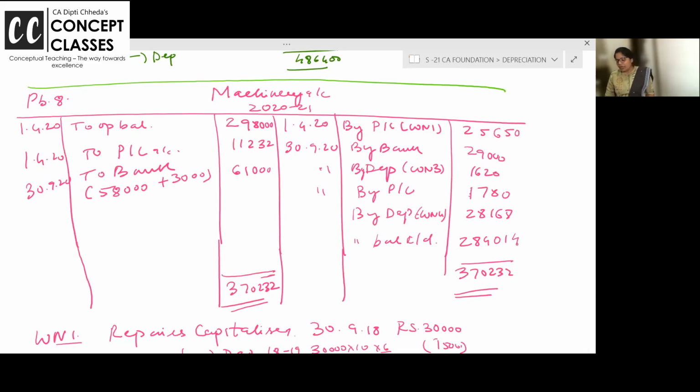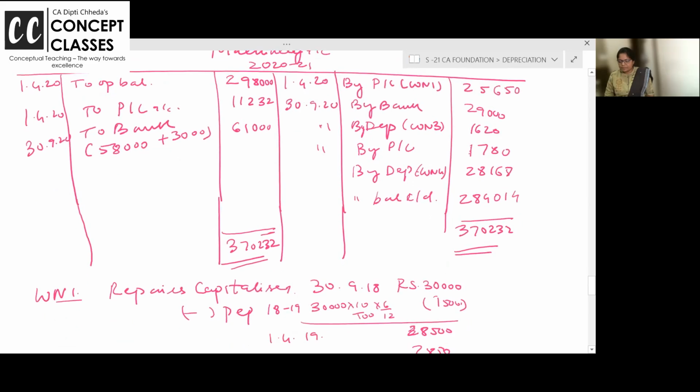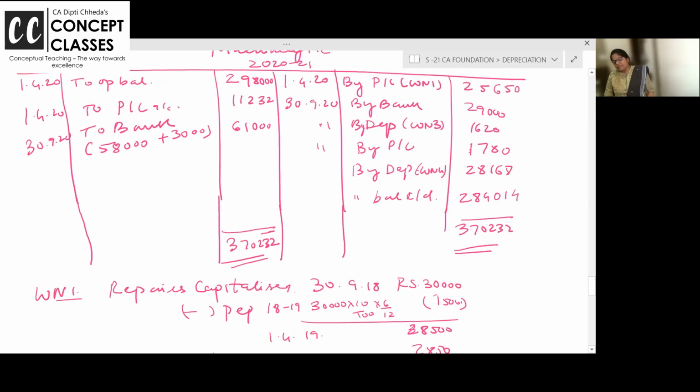Nice problem. I'm going very slow because all the calculations are very important. 370,232. Clear? Is the machinery logic clear or not? So this was the SLM method only, and with that you had to calculate the depreciation for the rectification of errors also.